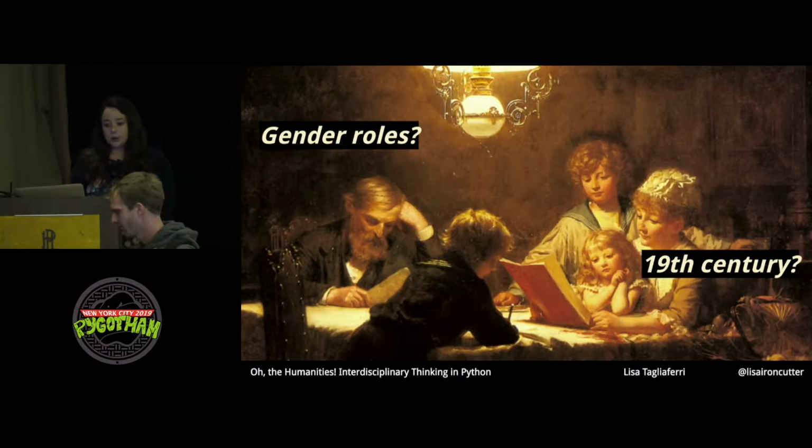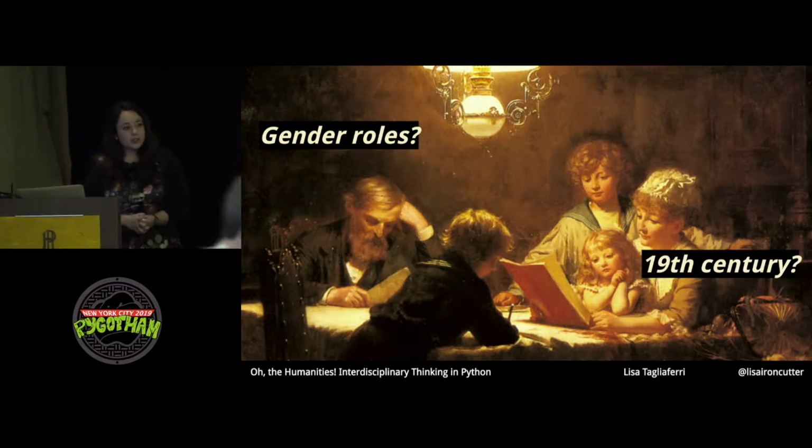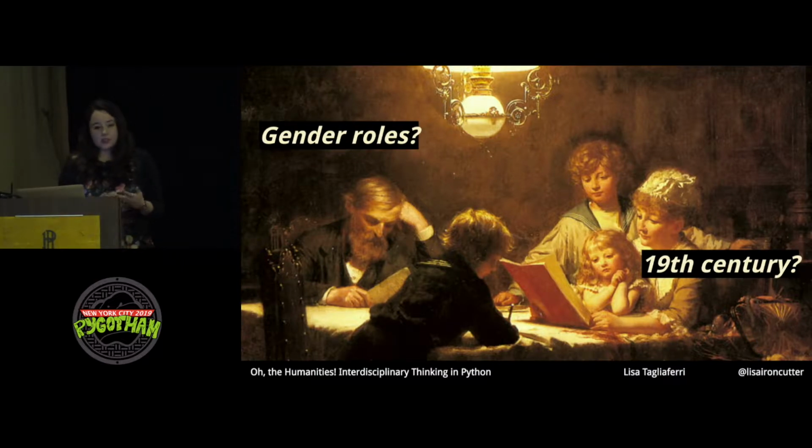Okay, so what do you have when you want to understand more about gender and gender roles in the 19th century? Perhaps you can begin this research by reading some text. How many books can we read? We could think about how we might build a good representative corpus.